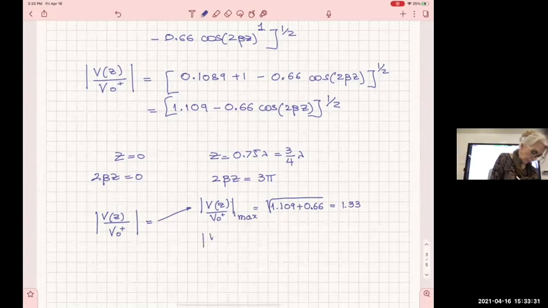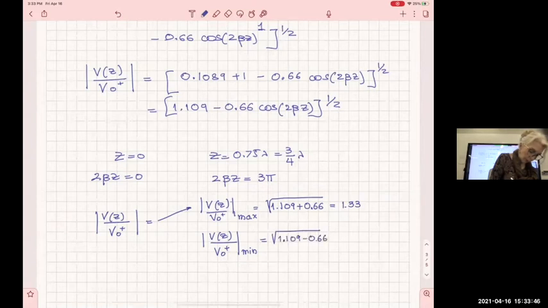And we get a minimum value to be equal to the square root of 1.109 minus 0.66, which is what?